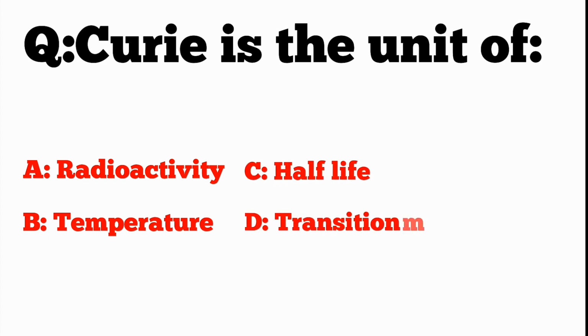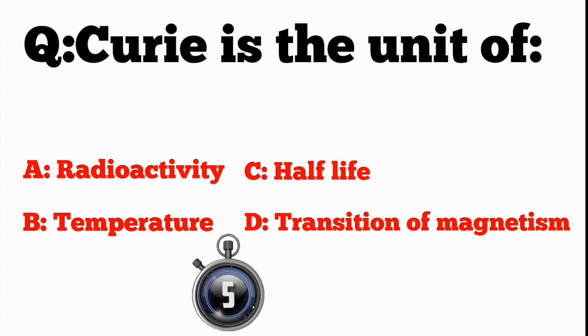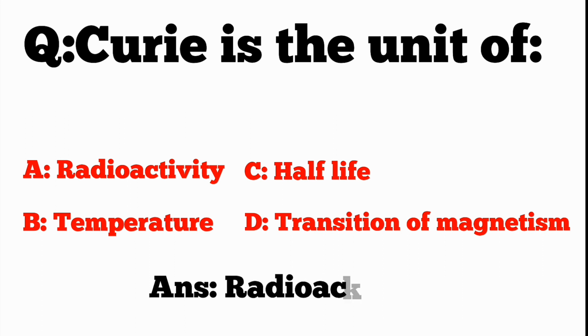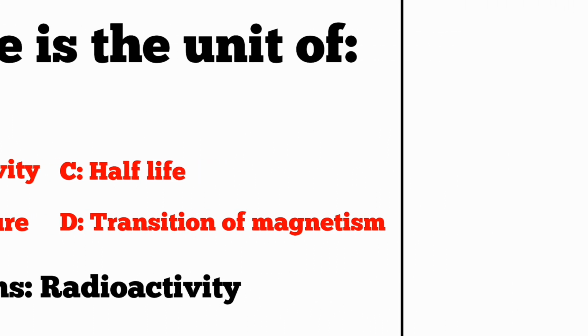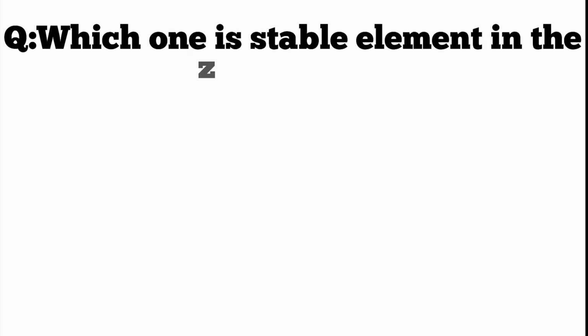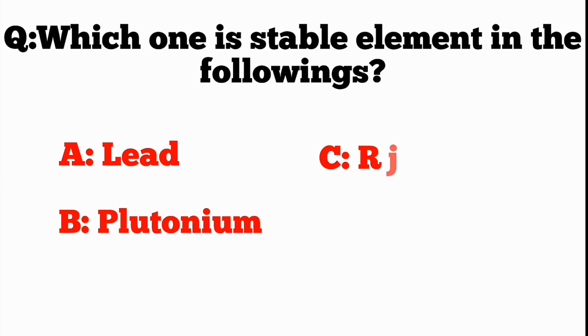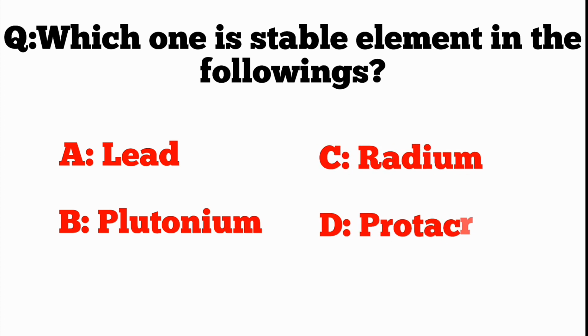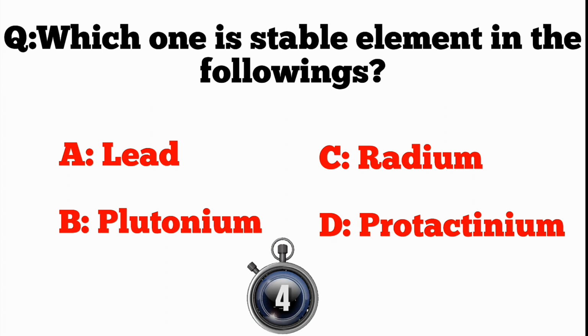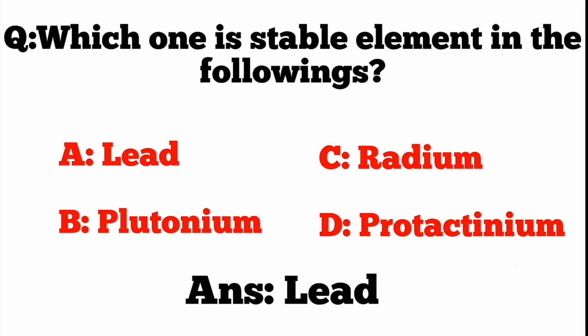D. Transition of magnetism. Answer: Radioactivity. Q. Which one is a stable element in the following? A. Lead. B. Plutonium. C. Radium. D. Protactinium. Answer: Lead.